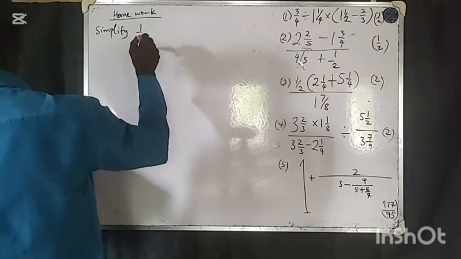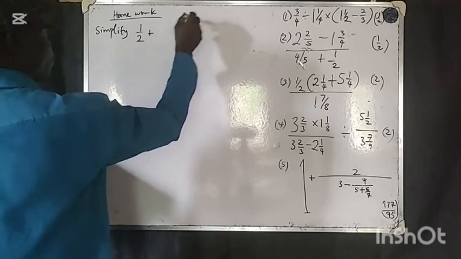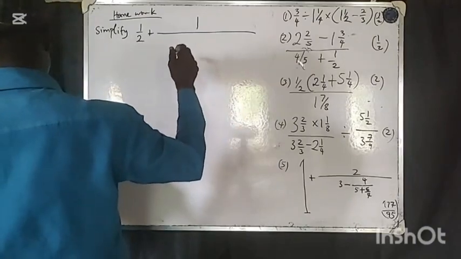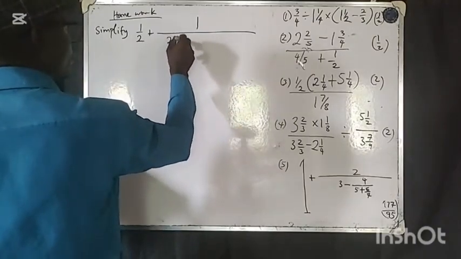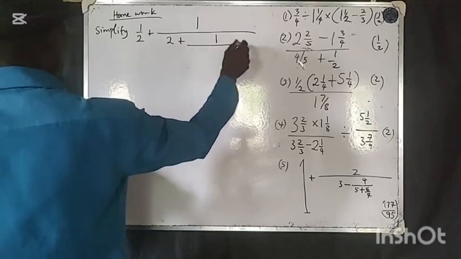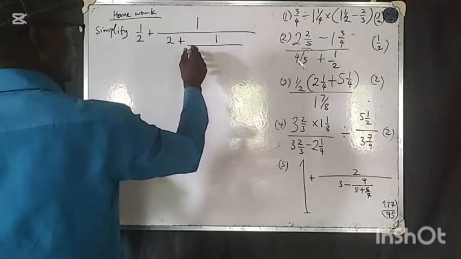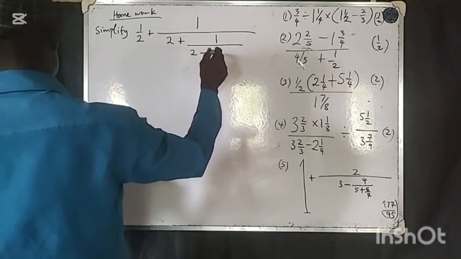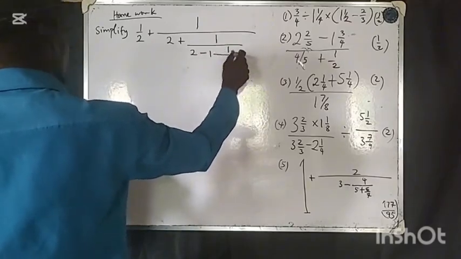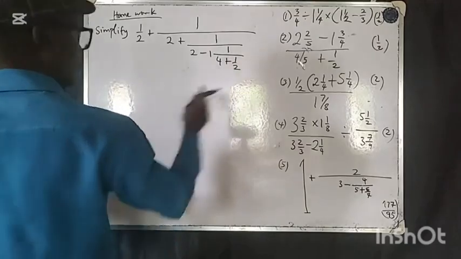One over 2 plus 1 over 2 plus 1 over 2 minus 1 over 4 plus 1 over 2, 1 over 5.